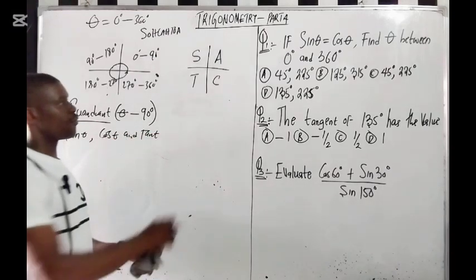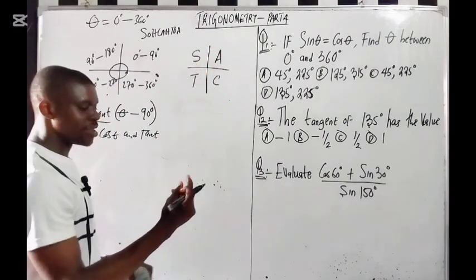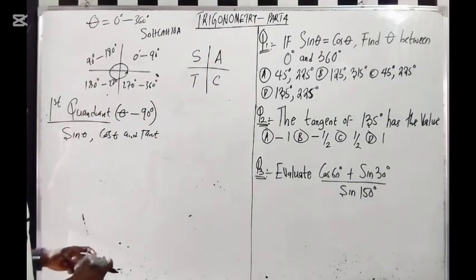That is the meaning of A, all: sine theta, cos theta, and tan theta are all positive.